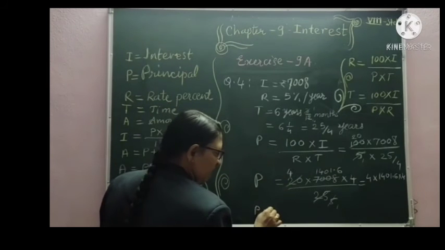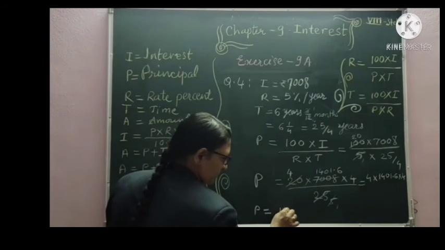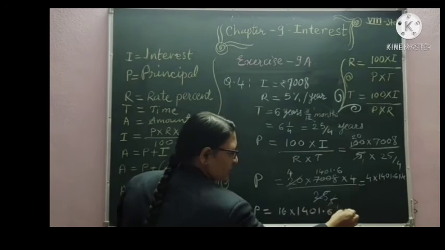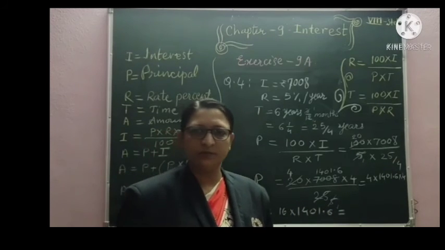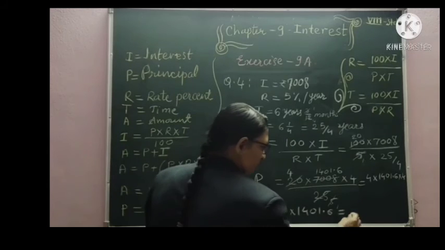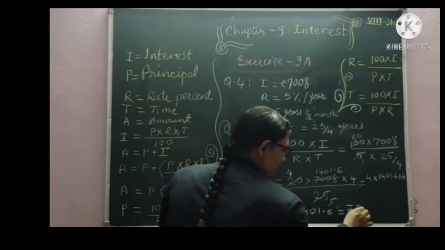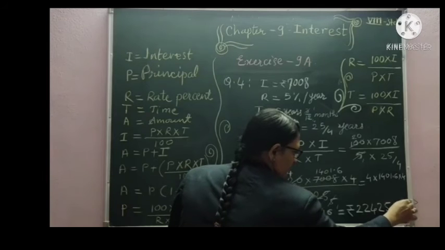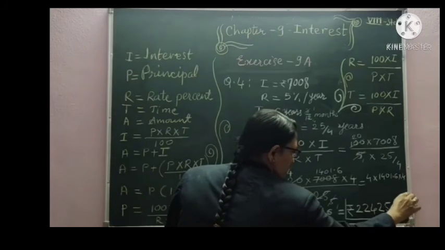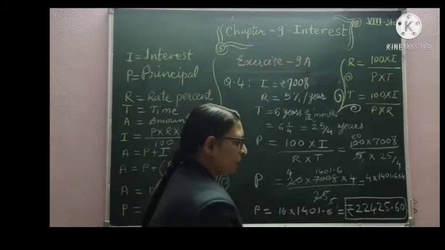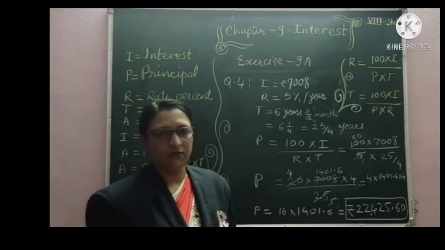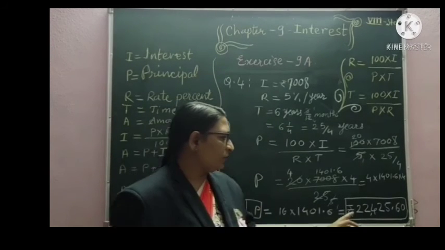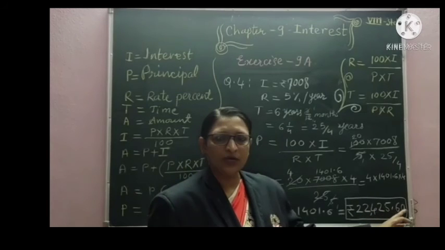So principal is equal to 4 fours are 16 multiplied by 1401.6. Let us do the multiplication. Rupees 22,425.6. So principal is equal to 22,425.6.